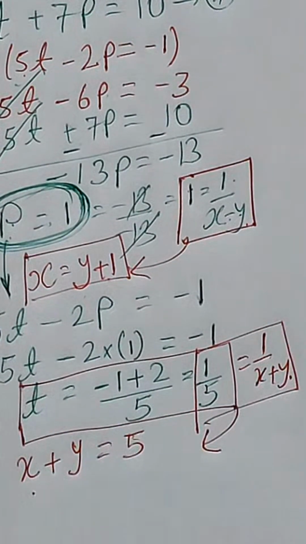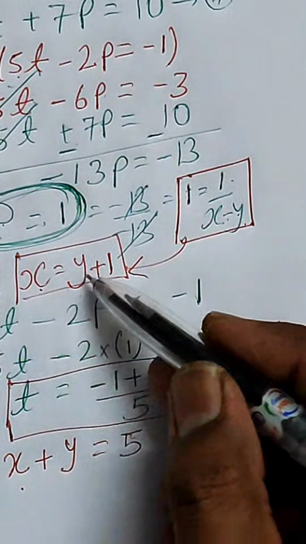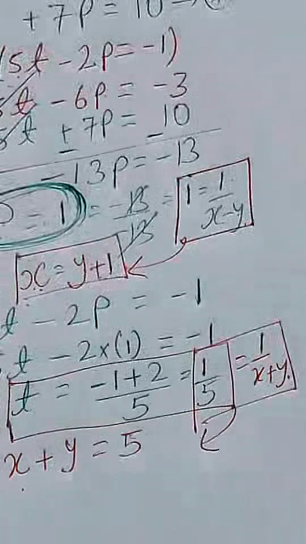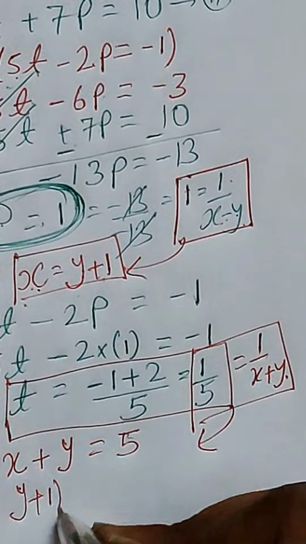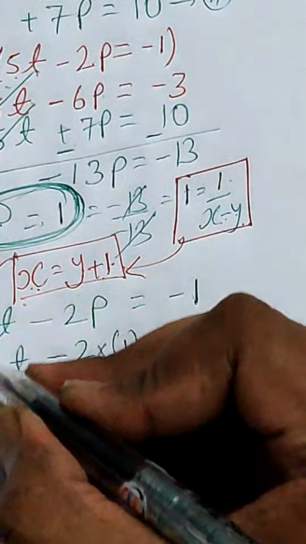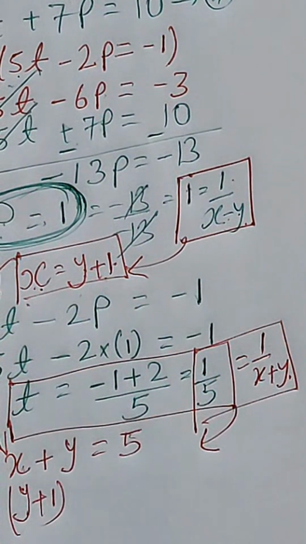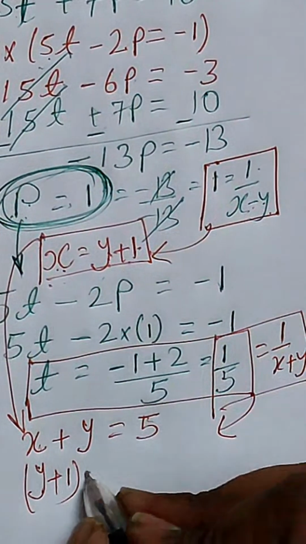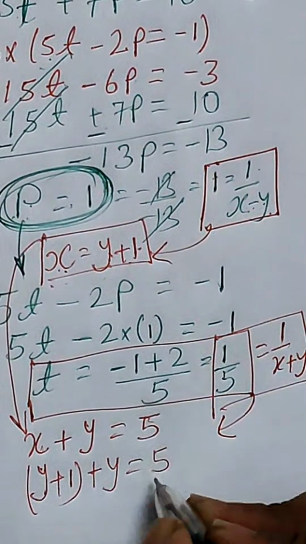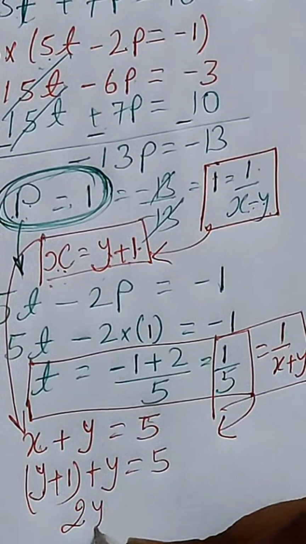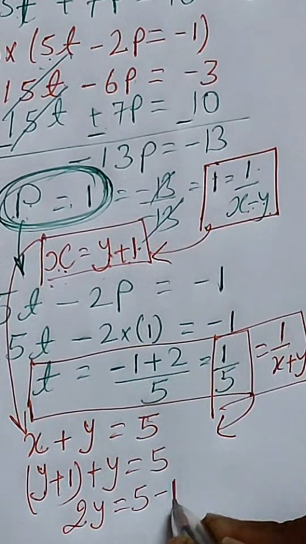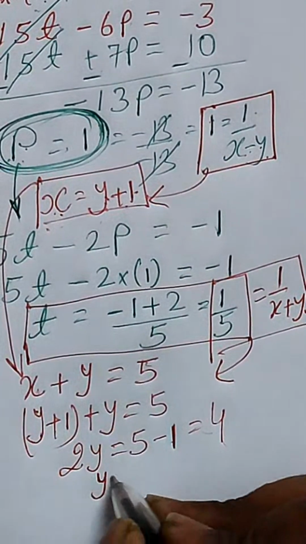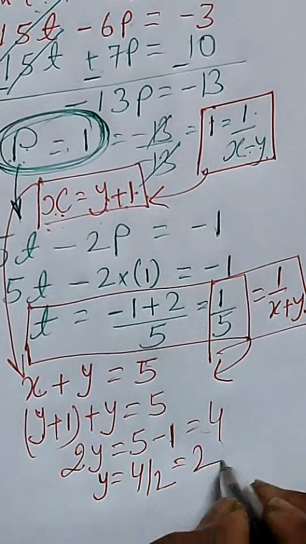Let us eliminate x or y. Since x equal to y plus 1, we will be eliminating the variable x, right? So y plus 1 can be put in place of x in this equation, then y plus 1 plus y is equal to 5. So this will give you 2y equal to 5 minus 1, which is equal to 4. So finally you get the value of y as 4 by 2, which is equal to 2.